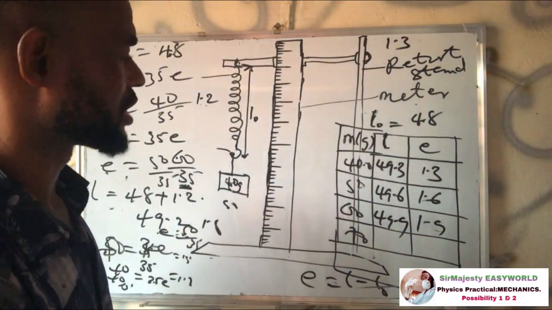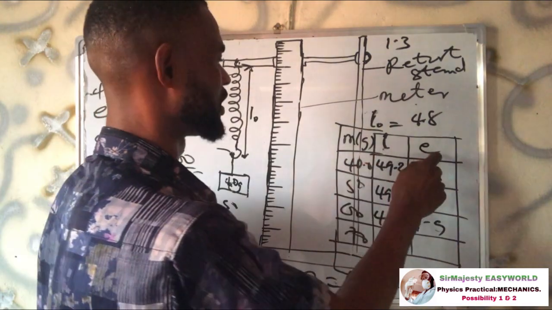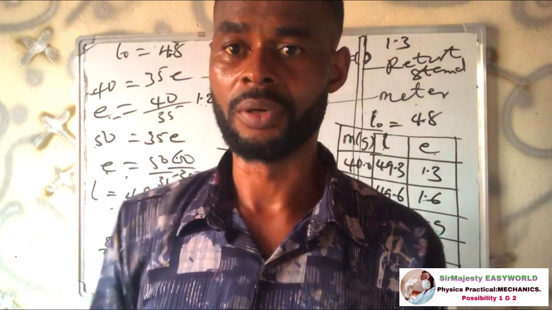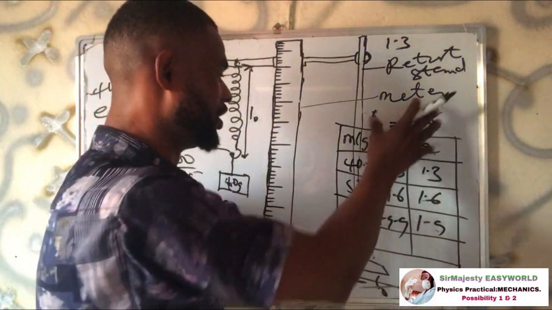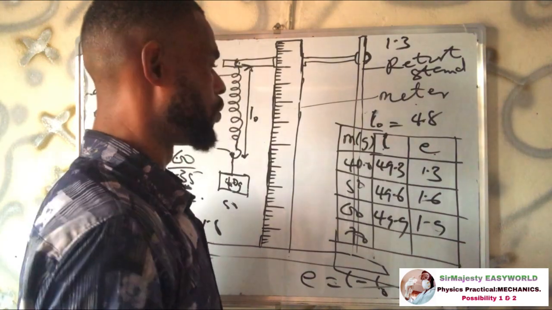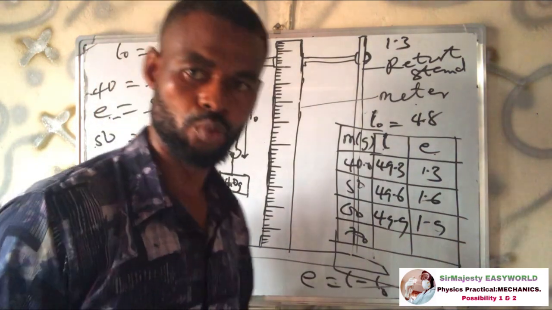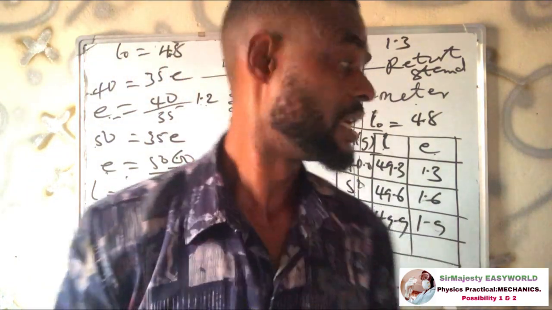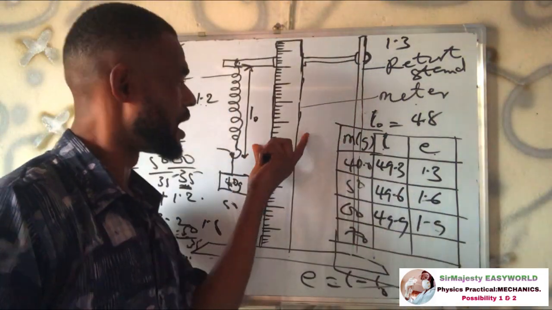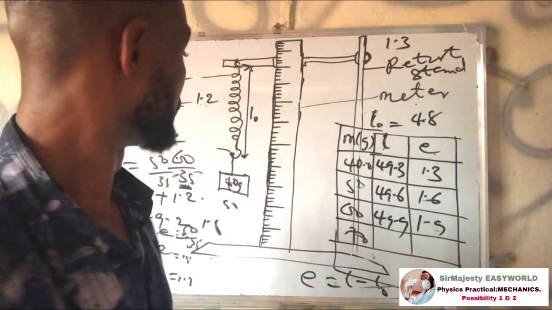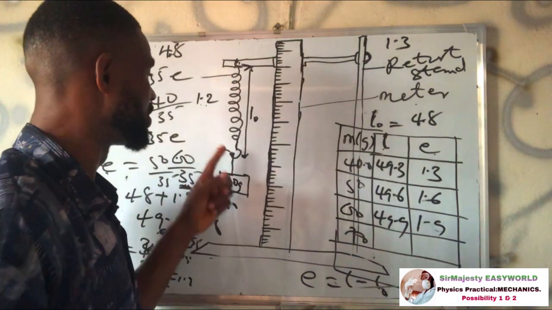Now get your L and the extension without touching the practical apparatus. It's very simple. The examiners are just checking your readings, how accurate they are. And when they put it in a graph, it will still produce, because the main key of this question is to determine the stiffness of this material.